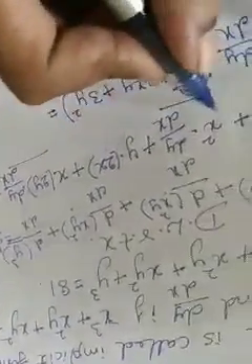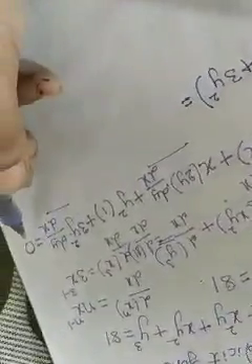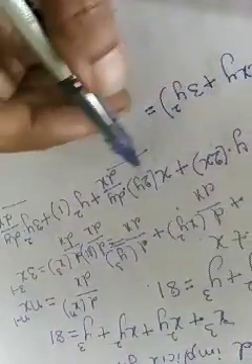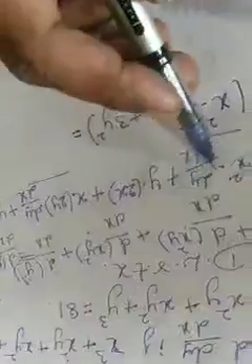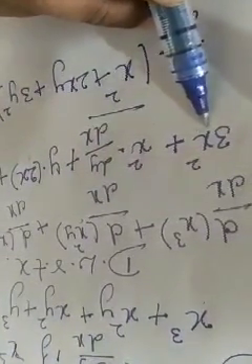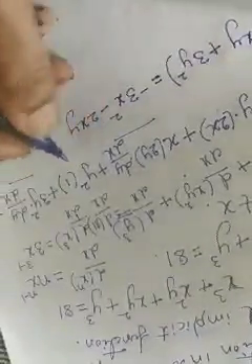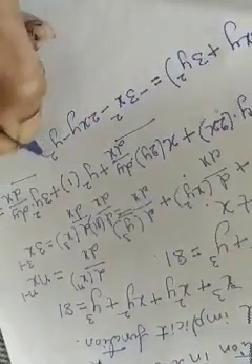Shift the rest of the terms to the RHS. In the RHS you are having 0. So the non dy by dx terms shift to the RHS. Here you are having non dy by dx terms, shift them. It becomes minus 3x square minus 2xy minus y square.